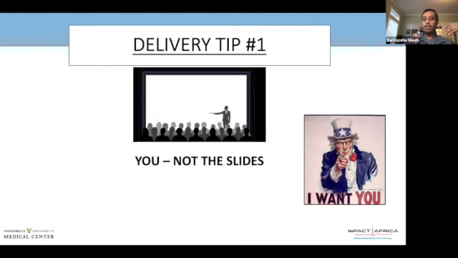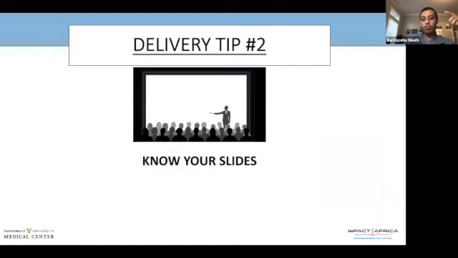So, yes, the slides can help you get your message across, but you as a presenter need to be engaging, needs to be looking at people in their faces and communicating what you want to share. So when you deliver a talk, remember that you are important and you're the presenter and that you need to do the communication effectively. Okay, so that's tip number 1.